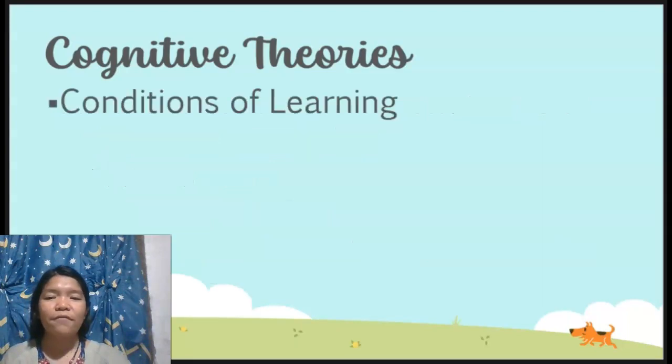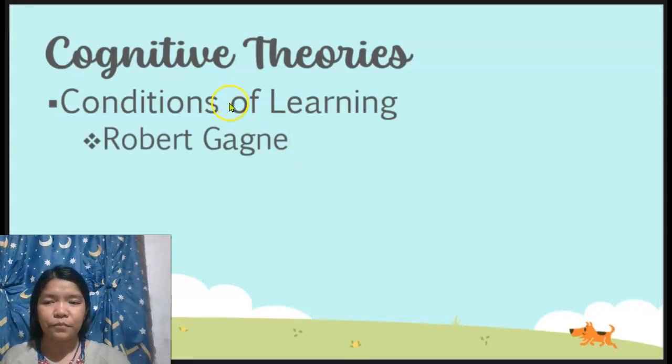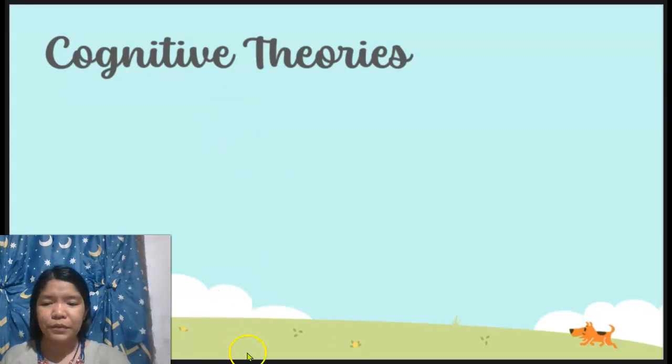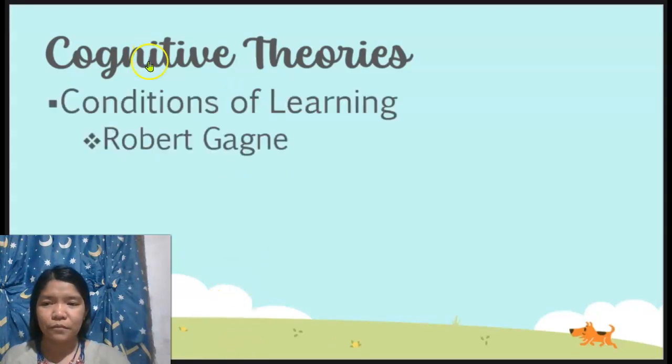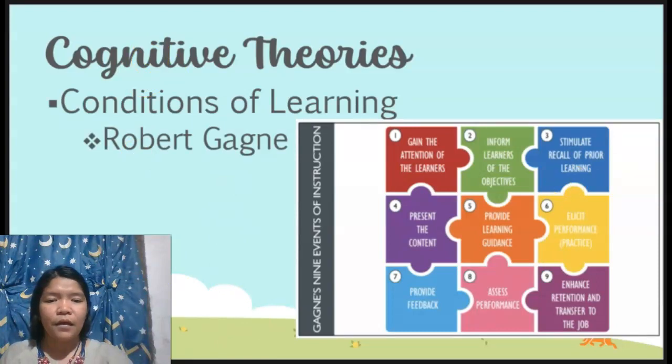Next, we have Robert Gagne's conditions of learning. Gagne stressed the importance of attention because attention is the basis of everything to be done. Let us see here in the picture Gagne's 9 events of instruction.